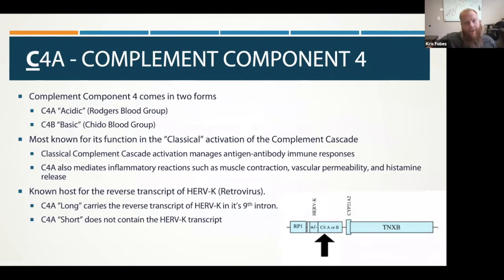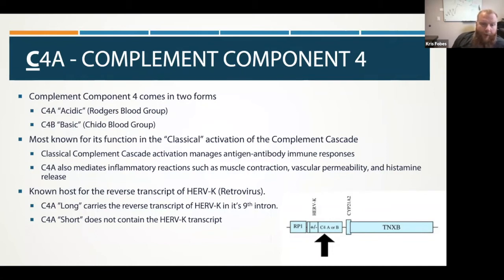C4A, obviously this complement component 4 is very heavily involved in the complement cascade, which is a big part of our immune response. Complement component 4 comes in two different forms, the C4A and C4B. I won't get too much into the different blood group types, but there's just two forms.